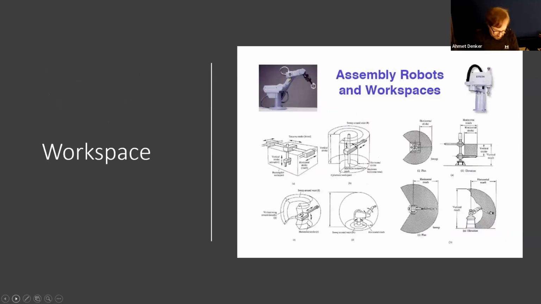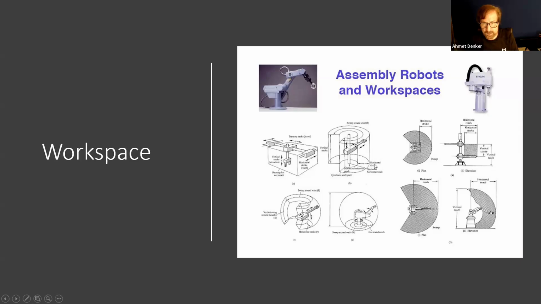Now here again, you see the basic engineering drawing in defining these workspaces. I said cylindrical. Now here, I use engineering graphics to show what I actually mean by a cylindrical workspace.